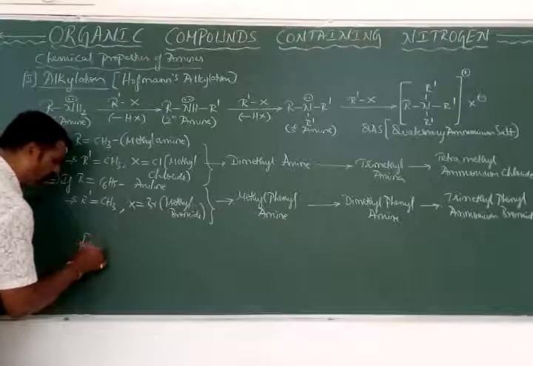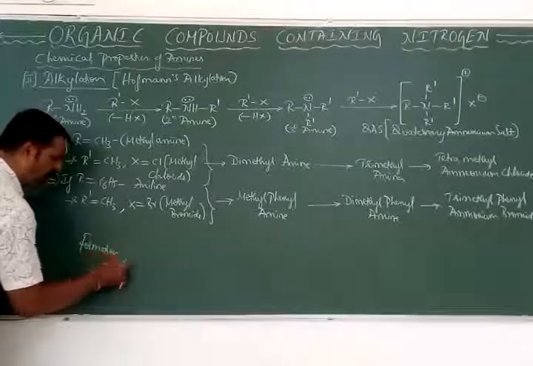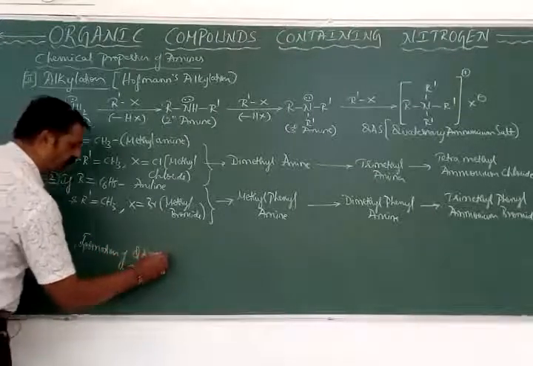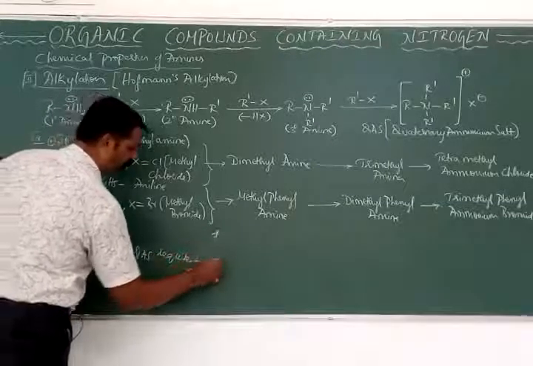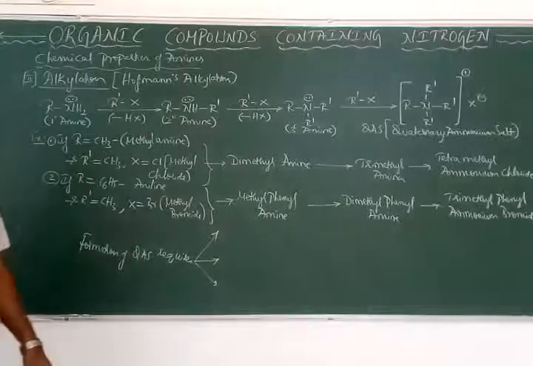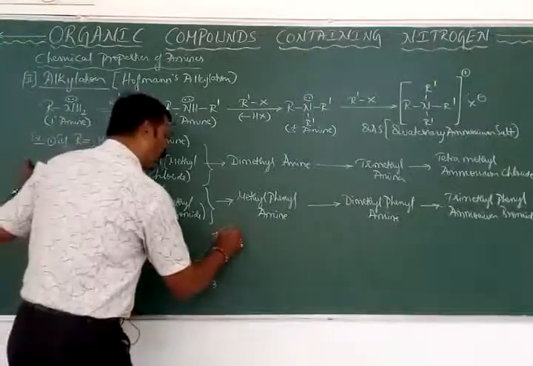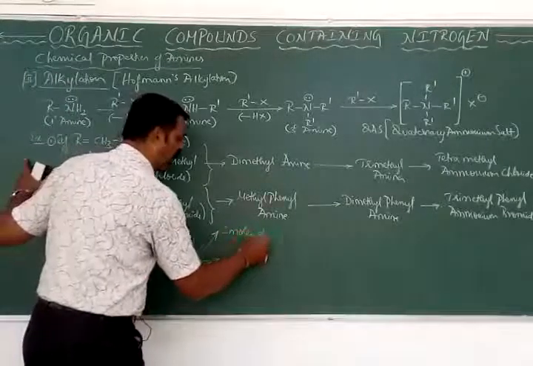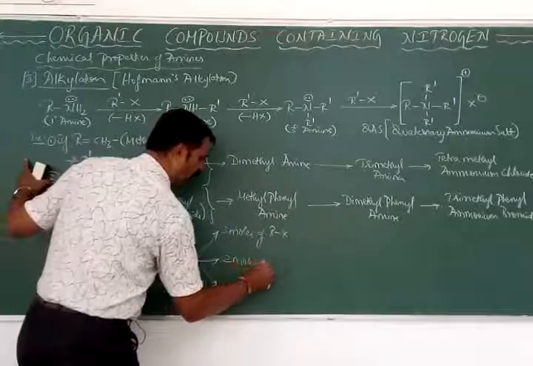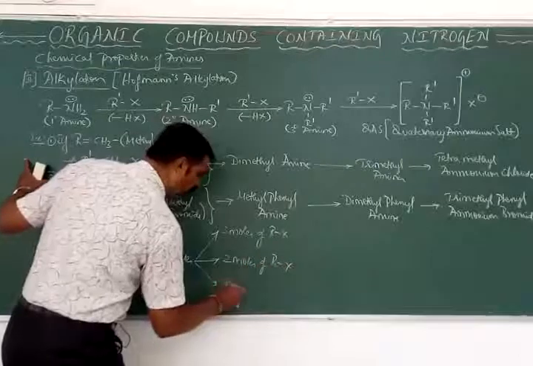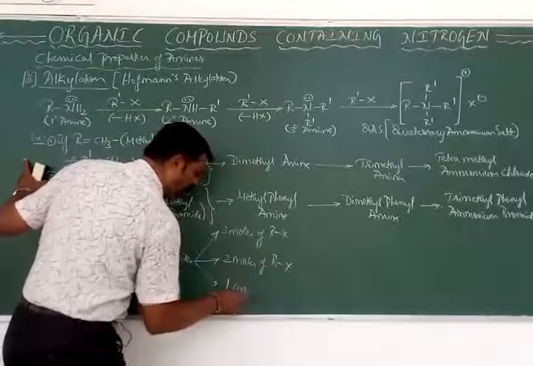Formation of QAS requires 3 moles of RX, 2 moles of RX and 1 mole of RX.